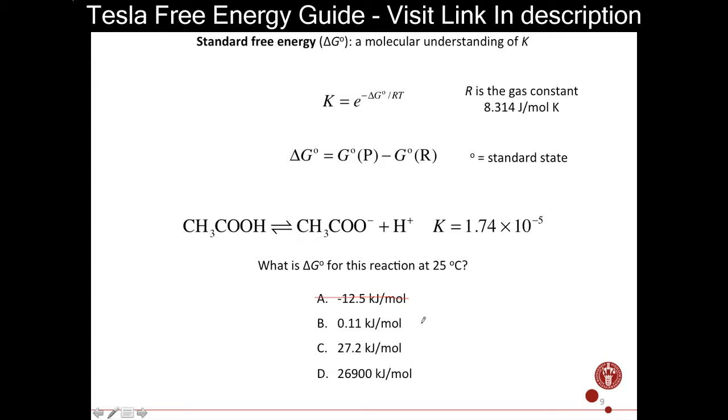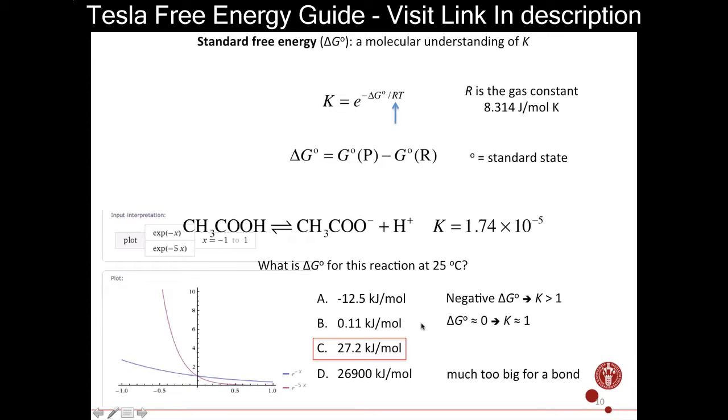Now, as to the other answers, what we'll see is that there's really only one answer here that makes sense, but we'll talk more about this later. Okay, so to do the calculation, this is to emphasize what I said earlier: negative delta G means a K larger than 1.